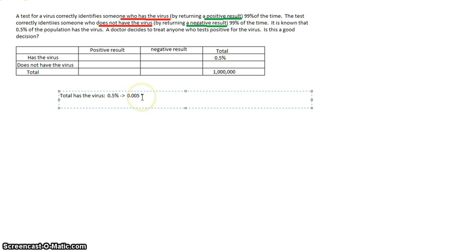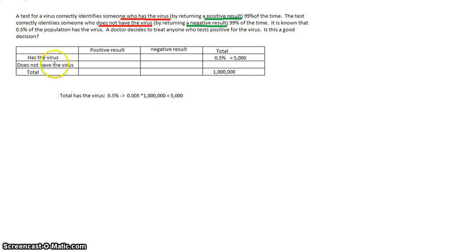And then I just take that times the population. And when I multiply those two numbers, I'm going to get 5,000 people. So, 0.5% of 1,000,000 people is 5,000 people. That's how many people have the virus.